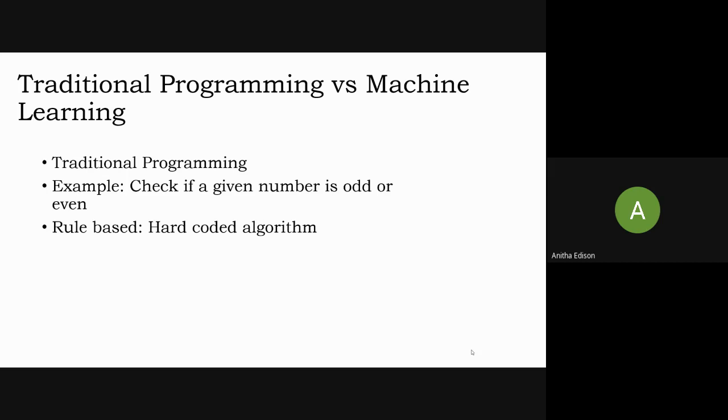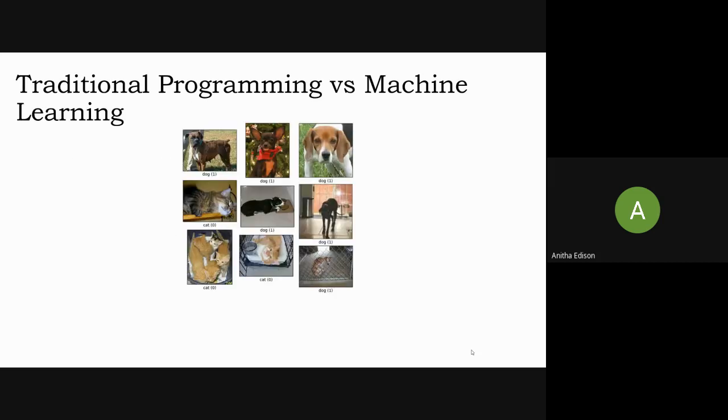So I can hard code the algorithm and write a program. That is traditional programming. But in the computer vision task, from this particular image, we have to identify the dog.